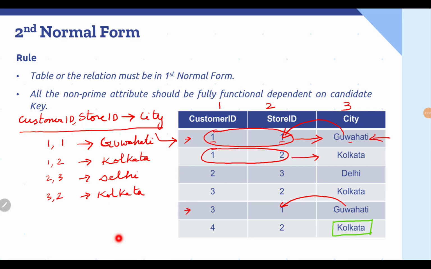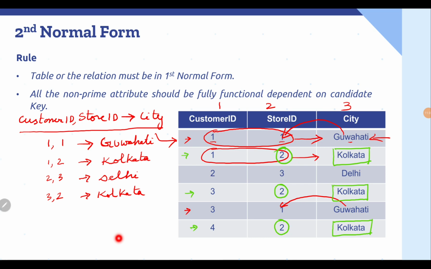Whenever the value Kolkata appears, the store ID is 2. Here also it is Kolkata and the store ID is 2. Here also the city name is Kolkata and the store ID is 2. And the customer IDs in this case are 1, 3, 4, so it is not changing.